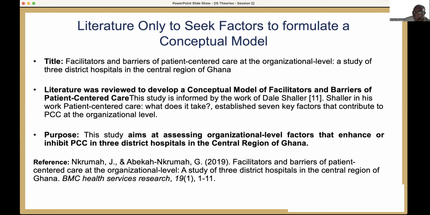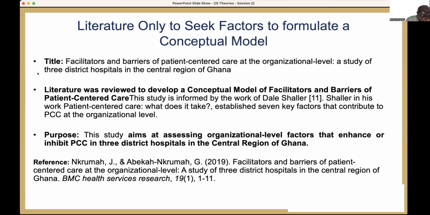This study is informed by the work of De Scheller on patient-centered care, what does it take? He established 7 key factors that contribute to patient-centered care at the organizational level. So the study tried to assess the organizational level factors that enhance or inhibit patient-centered care in the 3 district hospitals. So how did you do that?